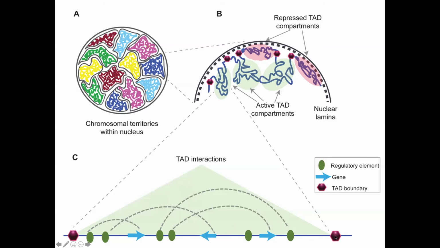The boundary proteins such as CTCF, that's a protein's name, can specifically bind to the boundary sequences and establish the territory. Within this TAD shown here, the regulatory elements can physically interact with genes. This could be an enhancer interacting with the gene shown here, or over here, another enhancer interacting with the gene, and then they will activate gene transcription.